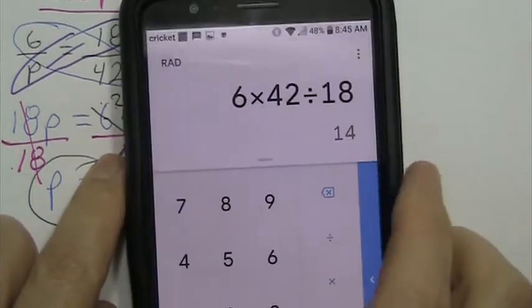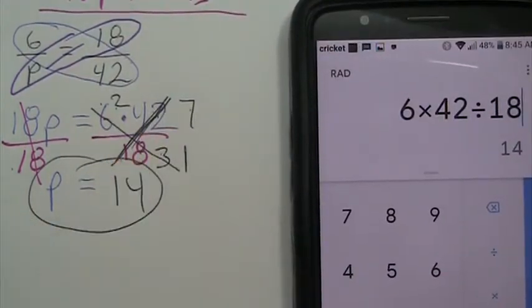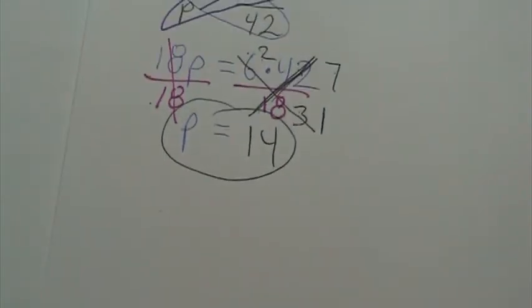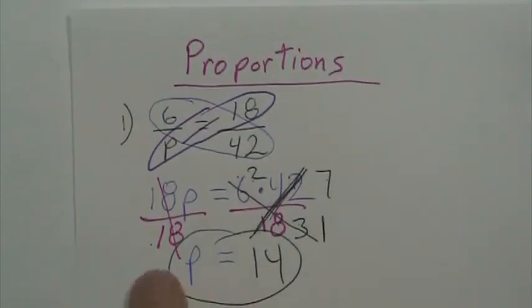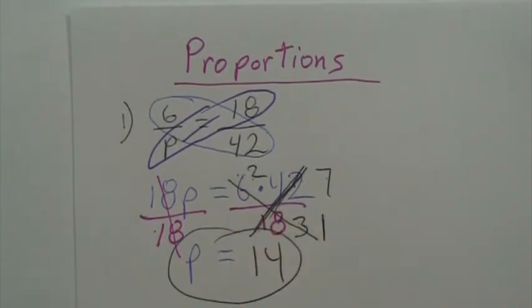And see, your answer is 14. All right, so you don't have to do what I did here. You can use a calculator, that's all right. The main thing to know is the process. The process of getting the letter by itself. That's the key.